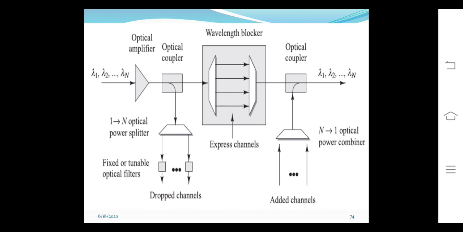If you want to drop any number of channels, those signals will be dropped here. Fixed or tunable optical filters will be used, and that particular wavelength alone will be dropped. The remaining channels will travel through the wavelength blockers, that is your multiplexer and demultiplexer. Express channels will be transmitted without any conversion, so it will be very fast.